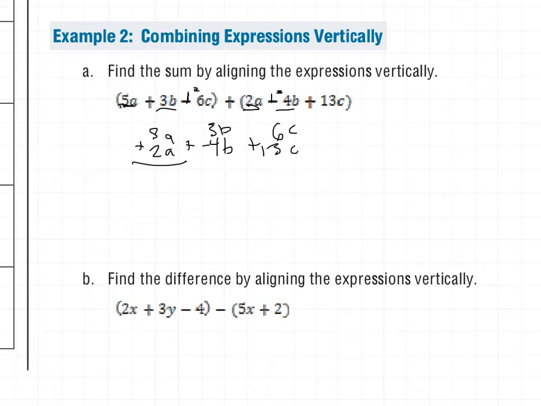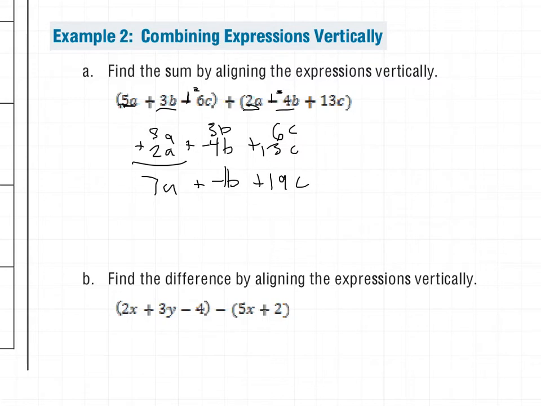And really think about it as adding up that way. We have 5a plus 2a is 7a plus 3b plus negative 4b, that's negative 1b, plus 6c plus 13c, which is 19c.